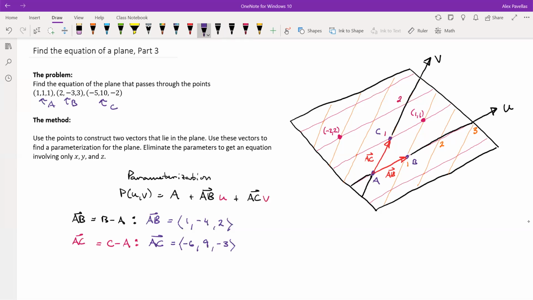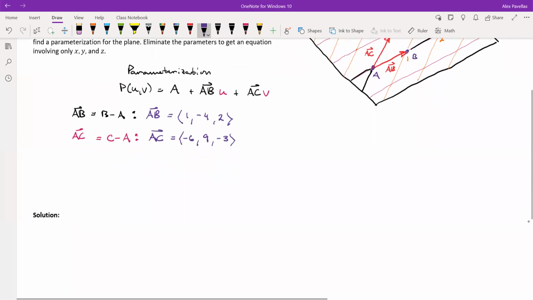Okay. Now, both of these vectors are tangent to the plane. So if we wanted to, we could make a smaller vector that's parallel to AC as part of our parameterization as well. You can see every number in AC is divisible by 3. Interesting. Okay, so what's our parameterization then?